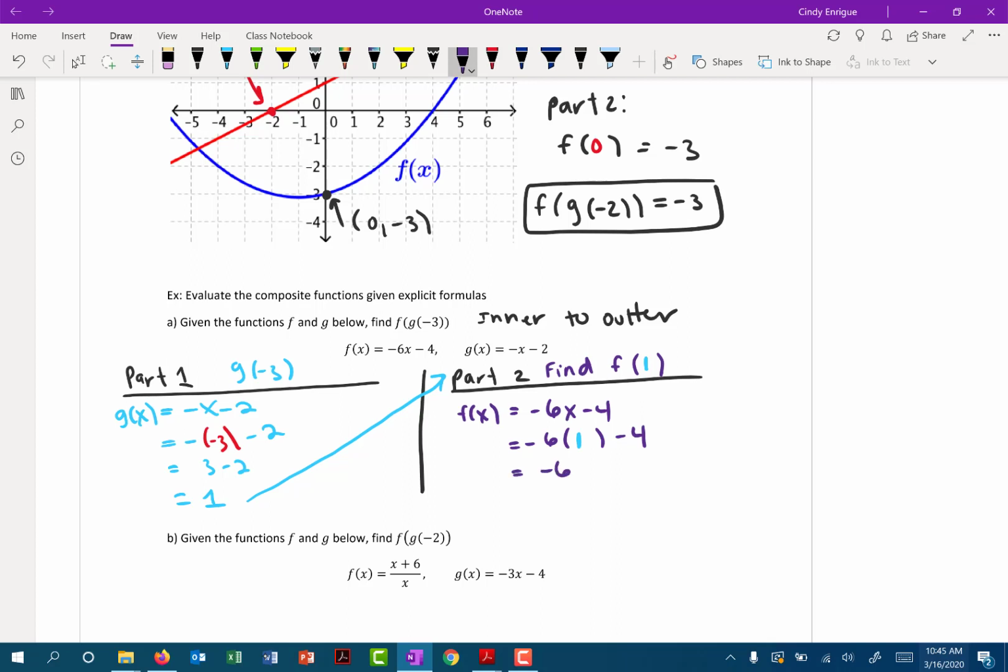So I'm going to have negative 6 minus 4, which gives me negative 10. So my final answer is that f of g of negative 3 is equal to negative 10.